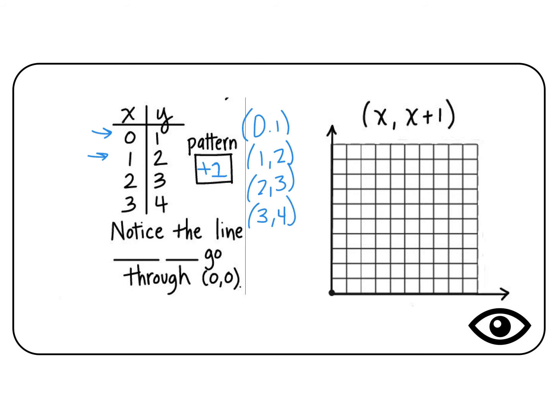Now notice that when I graph these points, the line will not go through the origin 0, 0 because we'll have the first point at 0, 1. So I'm going to go over 0 and up 1. Here's my first point. Then over 1, up 2. Then over 2, up 3.